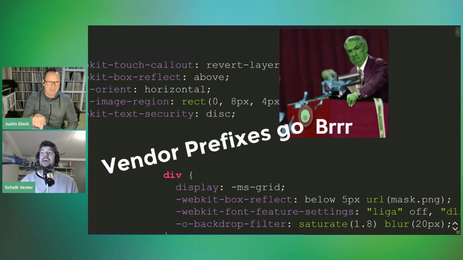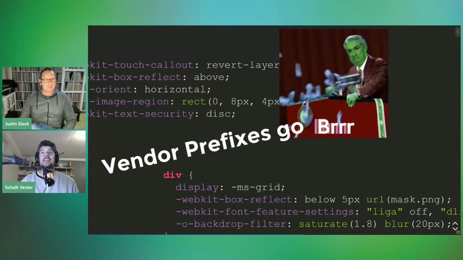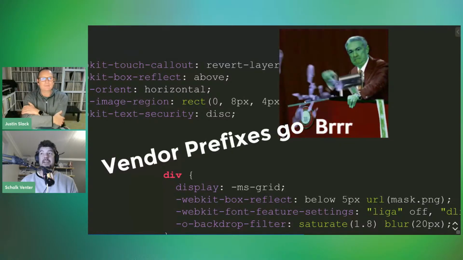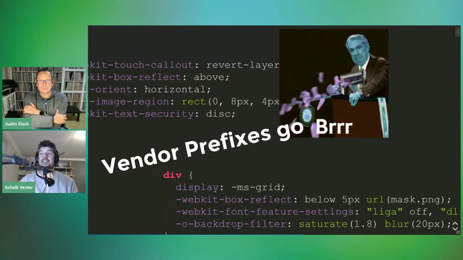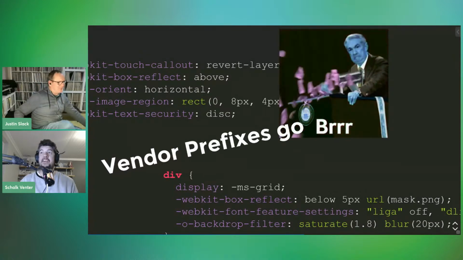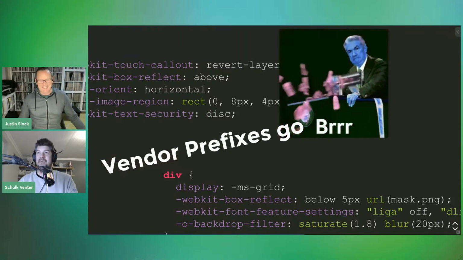Yes. That was also one of the criticisms against vendor prefixes: if you were a smaller browser, you now had to support all this other crazy stuff that the big browsers were doing, with their crazy V8 and rendering engines and stuff.